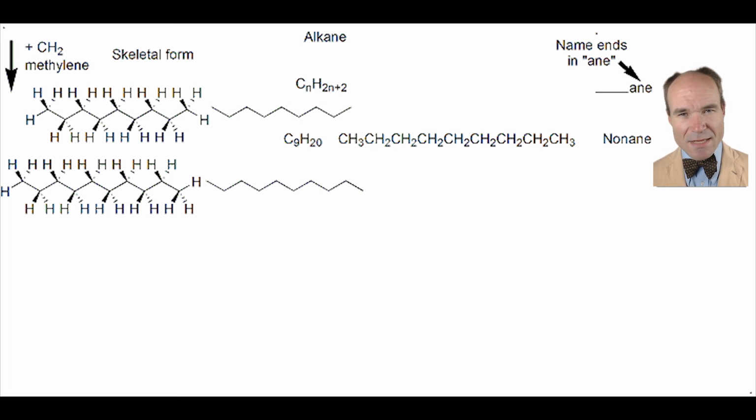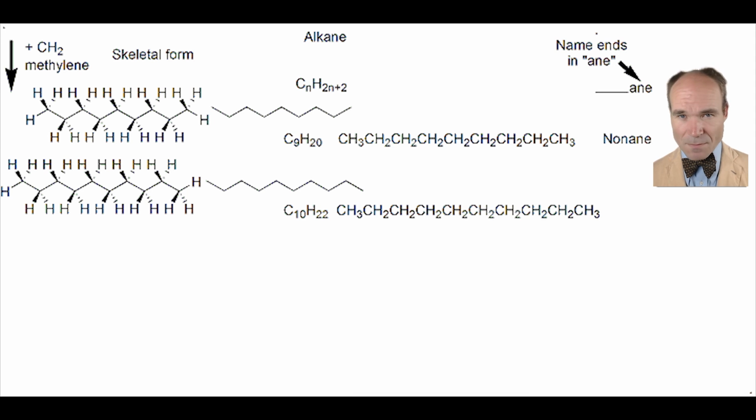And next we see the molecular formula of C10H22 and the condensed form. But what are we calling it? It has to end in ane, but what tells us about the 10 carbons? That would be dec. Thus, here we have decane.